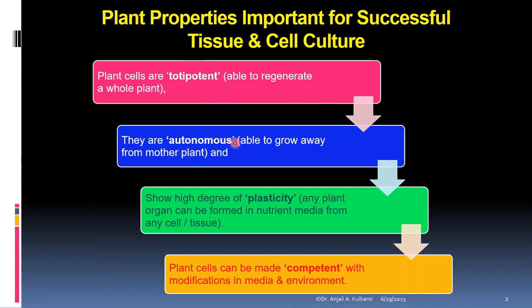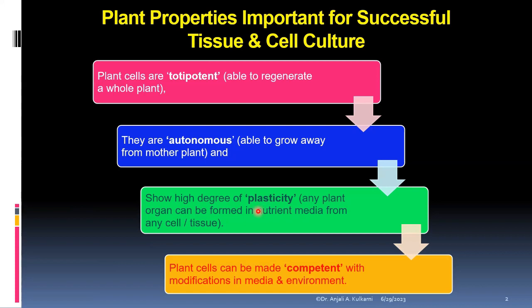Then all the plant cells show the property of autonomy. That means the cells are able to grow away from the mother plant. So that's why we can culture them in glass vessels, and we can grow them in artificial nutrient media with controlled environmental conditions.